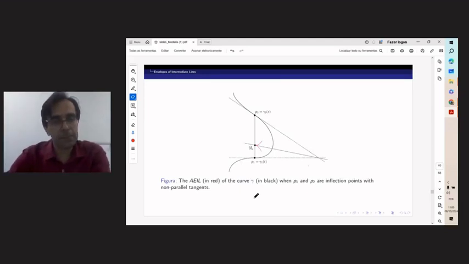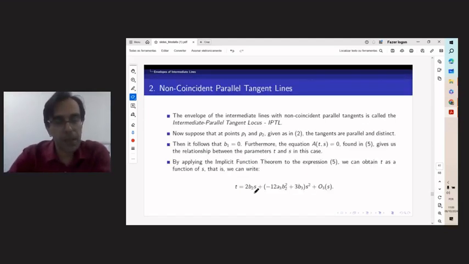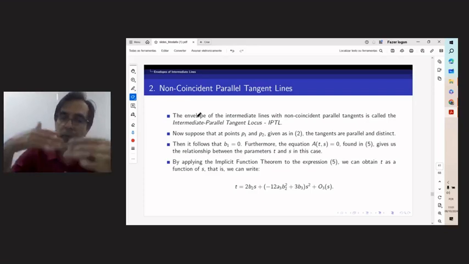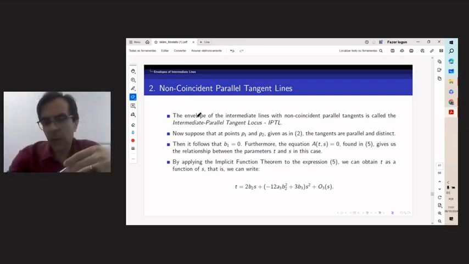Well, the second case, when we have non-coincident parallel tangent lines, the envelope of the intermediate line, again, we do the same process.